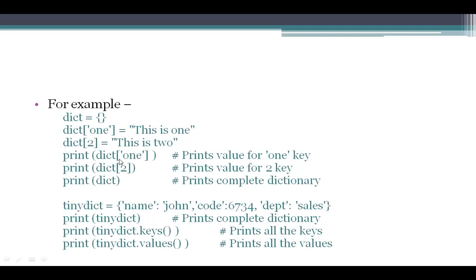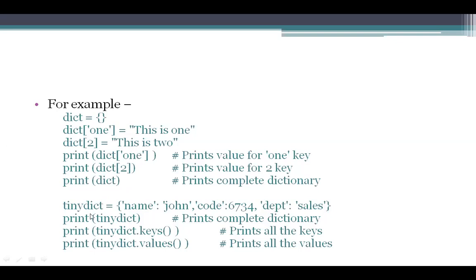The key which is given is 1, so the value for 1 will be printed. The value for 2 will be printed. If you give print dict, all the key and value pairs will be printed.